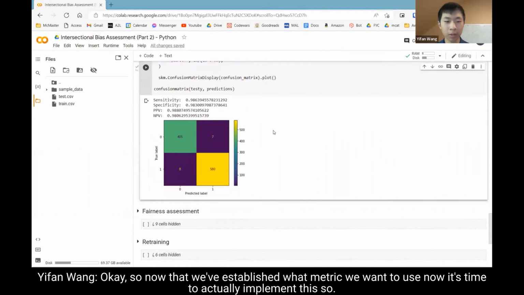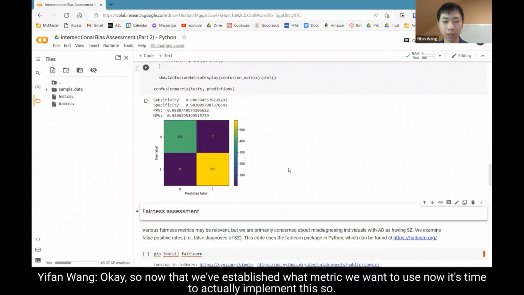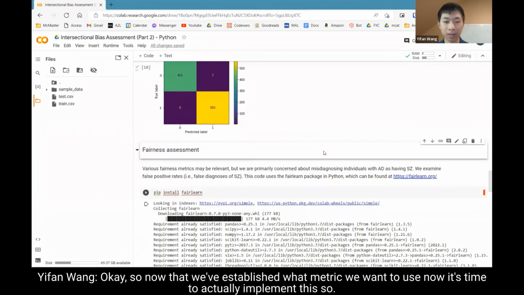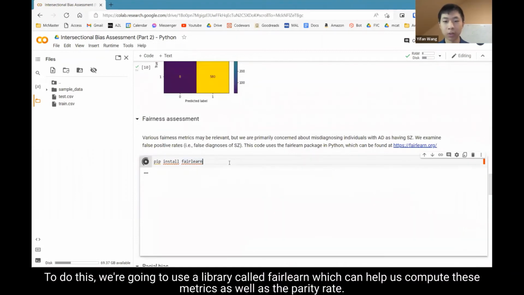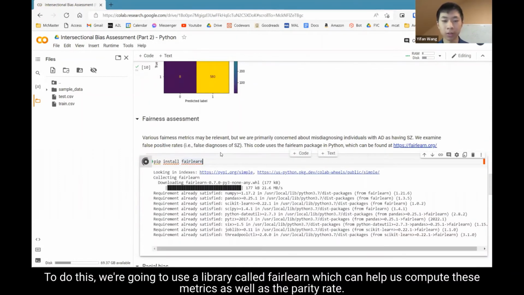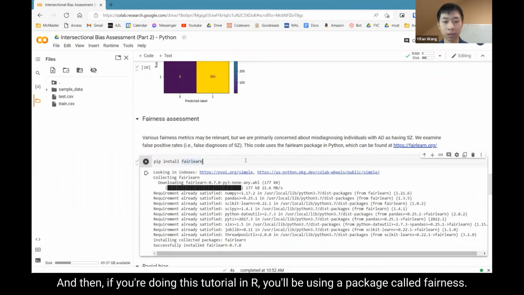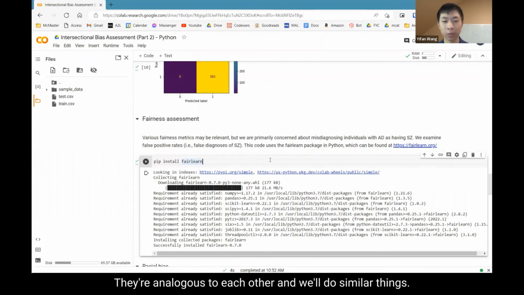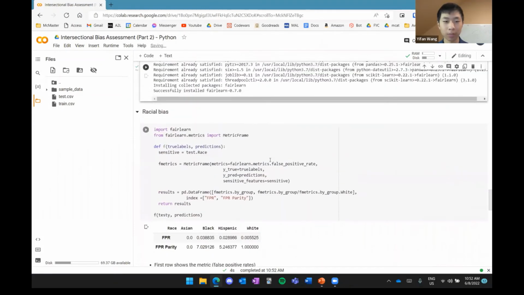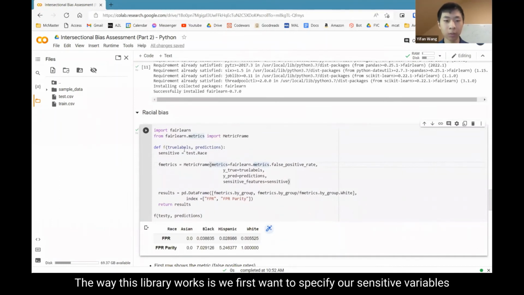Okay, so now that we've established what metric we want to use, now it's time to actually implement this. So to do this, we're going to use a library called FairLearn, which can help us compute these metrics as well as the parity rate. And then if you're doing this tutorial in R, you'll be using a package called Fairness. They're analogous to each other and will do similar things. So the way this library works is we first want to specify our sensitive variables.